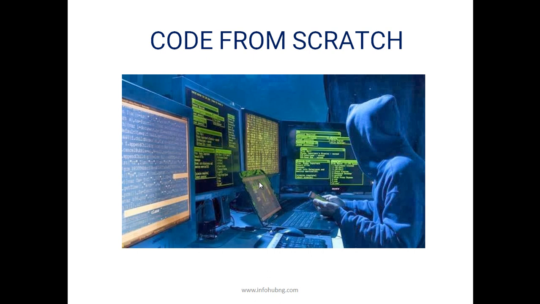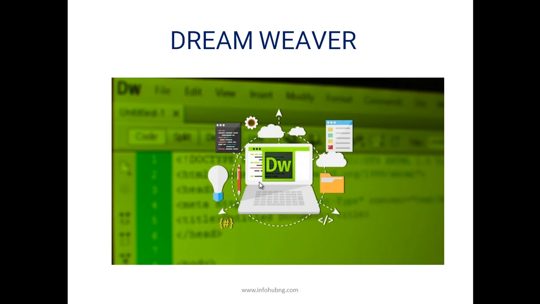It's not as if I'm discouraging you from learning code from scratch. You can do that if you are a geek or the kind of person that loves coding. But as technology has improved, we're going to be seeing later that there are easier ways to go about our web design. The next method we can use to design a website is Dreamweaver.